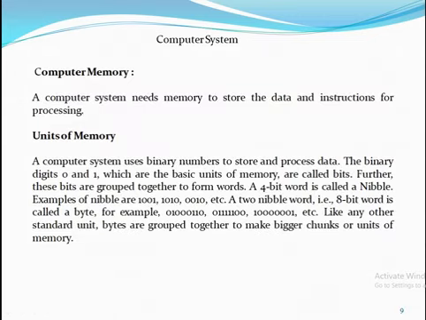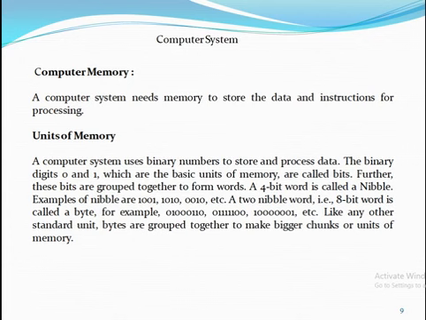Now our next component is memory, computer memory. A computer system needs memory to store the data and instructions for processing. Units of memory: a computer system uses binary numbers to store and process data.